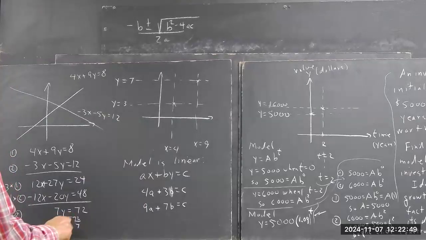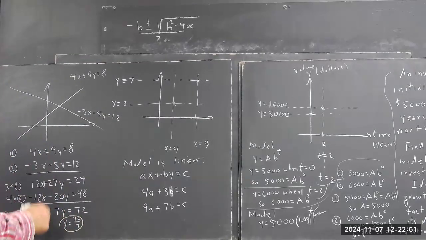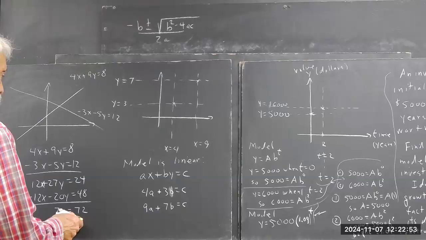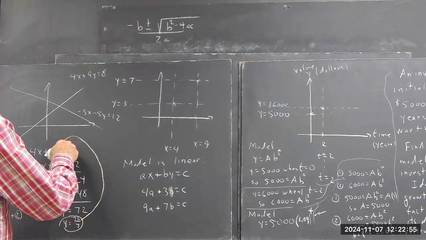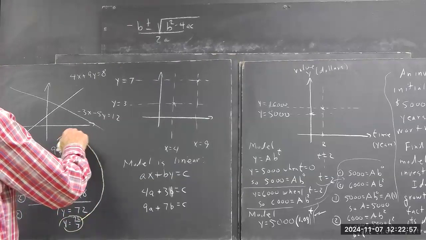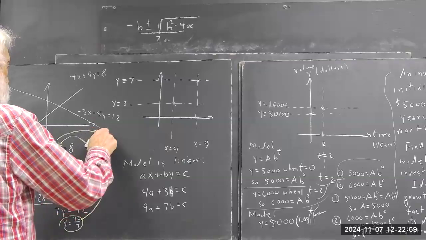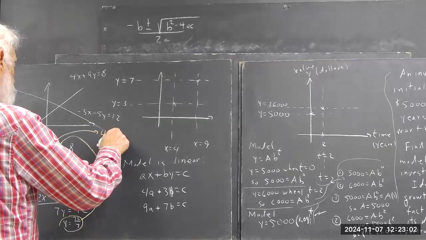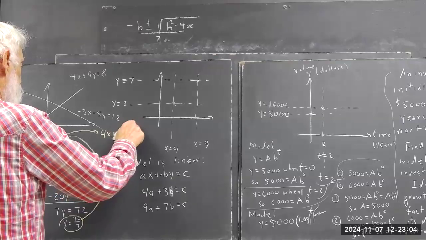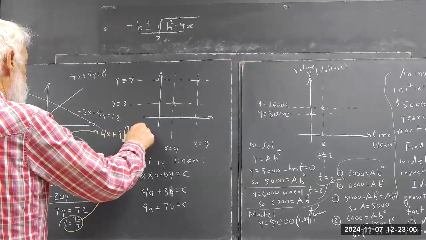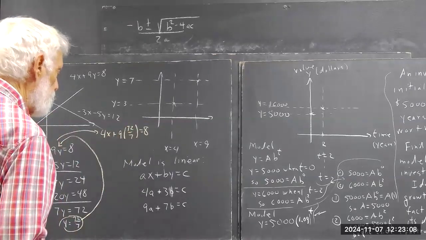We plug this in. The first equation or the second, it doesn't matter. I'll go to the first. And we come out of that equation with 4x plus 9 times 72 over 7 equals 8.